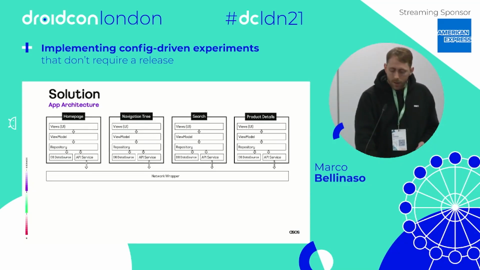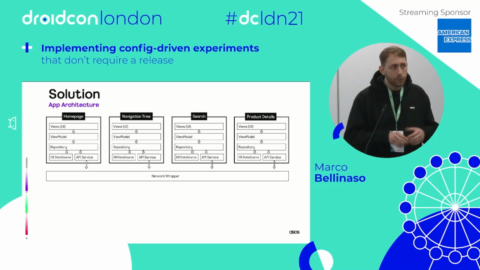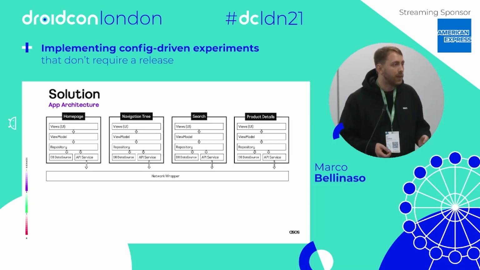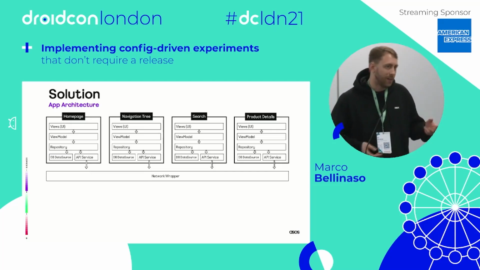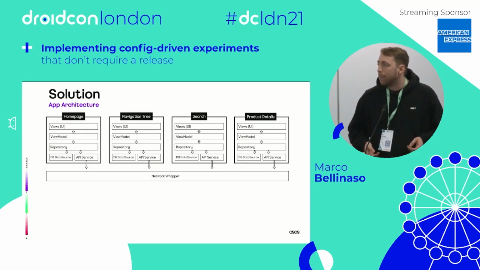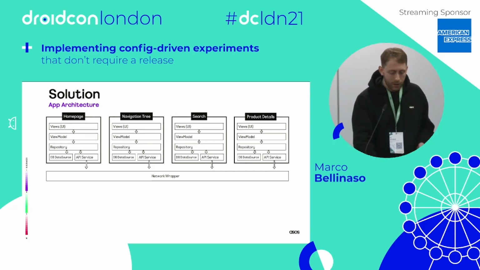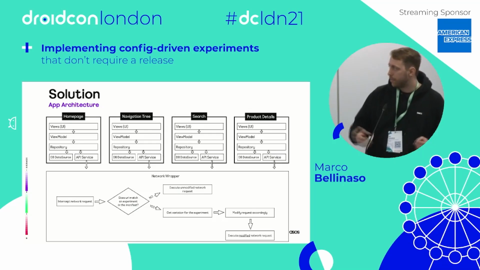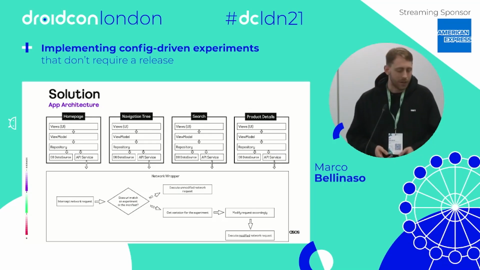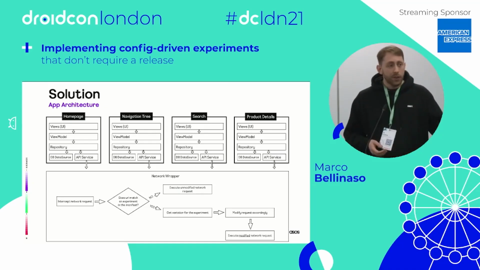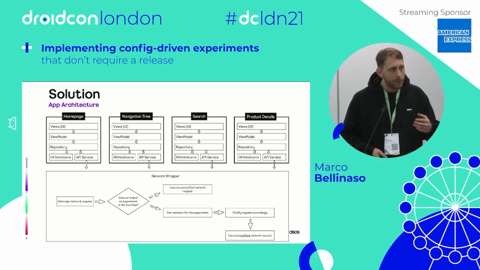So once we have this common network wrapper, that gives us the ability to implement the third stage of the three-part solution, which is the network interceptor. Here is a brief flowchart of how this works. We take the incoming network request, we check it against our pre-downloaded manifest of experiments to see if the URL matches.